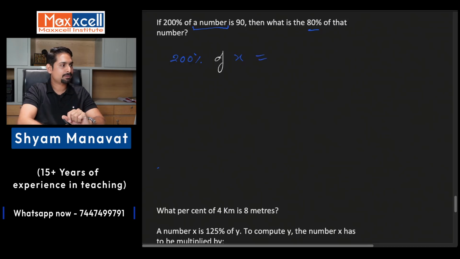Put equal to 90. This is the given statement. What do we need to find? We need to find what is 80% of that number. That means x is what?